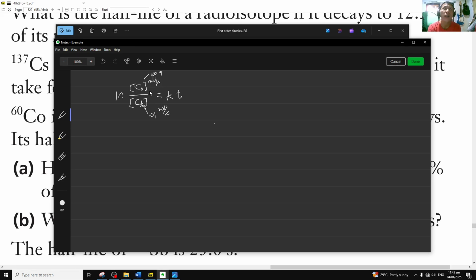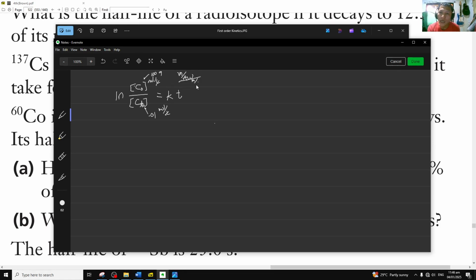You're just having a ratio of the moles of your original reactant over the moles that remain. Since mole is mass over atomic weight, and it is the same compound, we can also rule out the atomic weight.